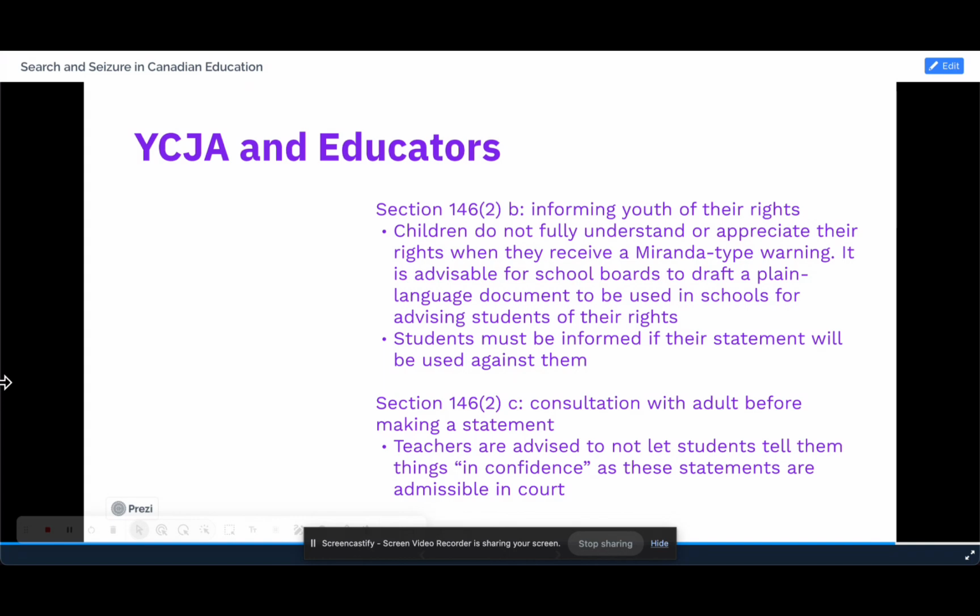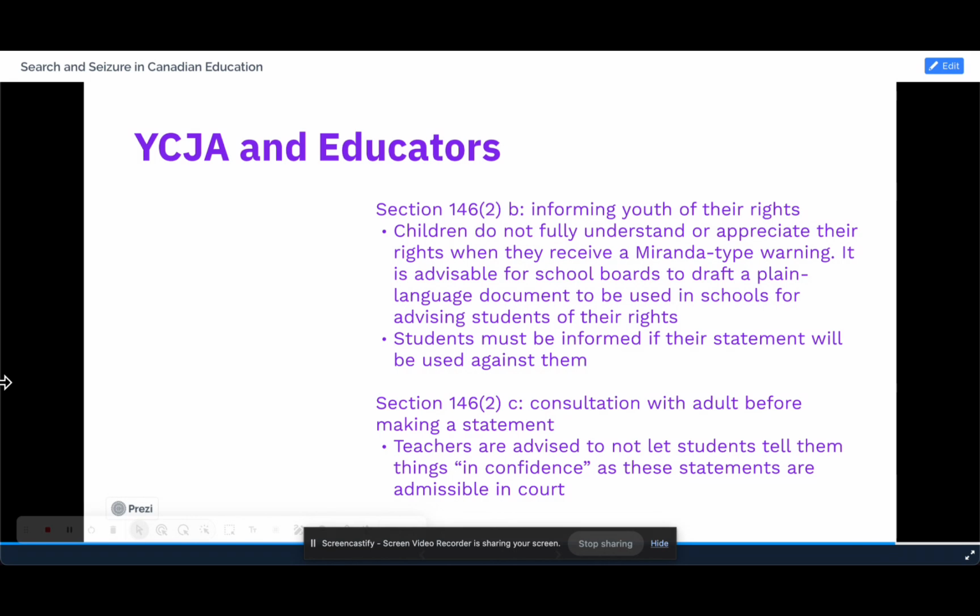School officials may well be barred from pursuing a criminal prosecution in cases where informal searches or questioning procedures violated the protections afforded to young people and consequently result in the exclusion of evidence. So, the YCJA and educators: it reinforces the protections of minors, including limitations on evidence obtained from unlawful searches.